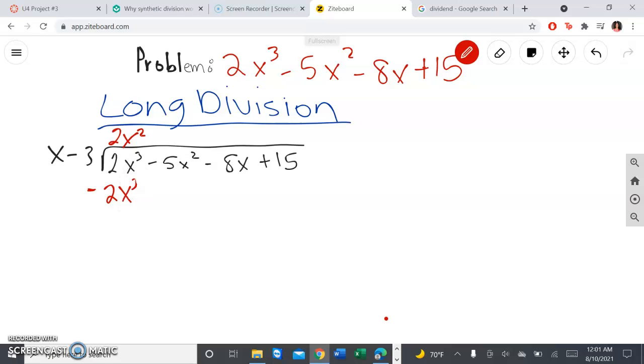And then you want to multiply 2x squared by negative 3, and that should give you negative 6x cubed in that line. So since 2x cubed minus 2x cubed is 0, that will be canceled and it won't be included. But negative 5x cubed minus negative 6x cubed will give us x cubed.